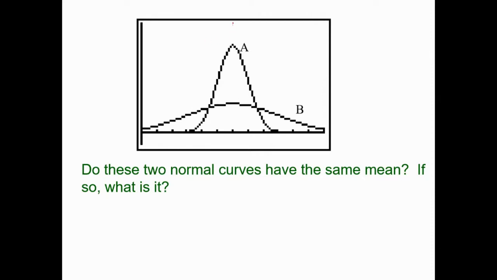So our mean goes through the highest point of the graph. If we draw a line to the tallest point, and I can't draw a straight line, but anyways. Do these curves have the same mean? Yes. What is that mean? Assume the tick marks are just ones.